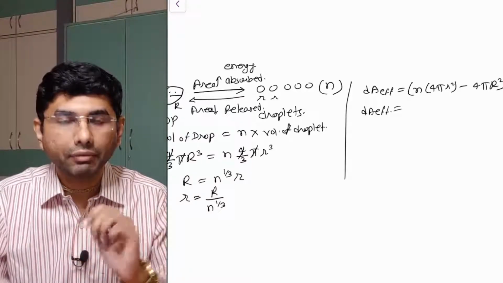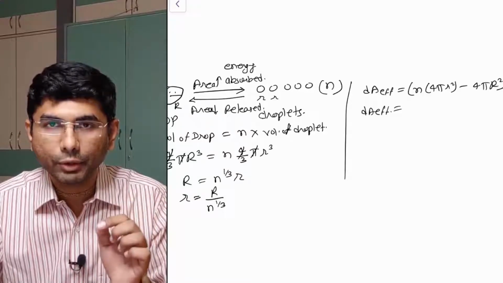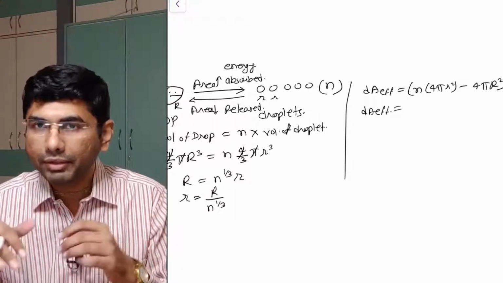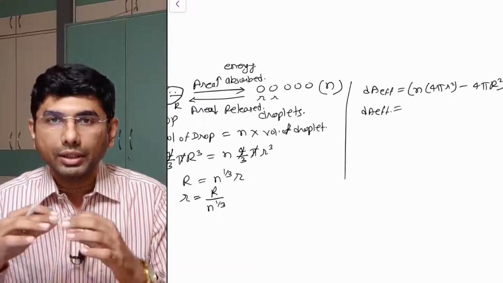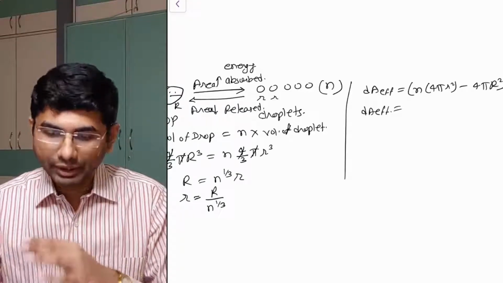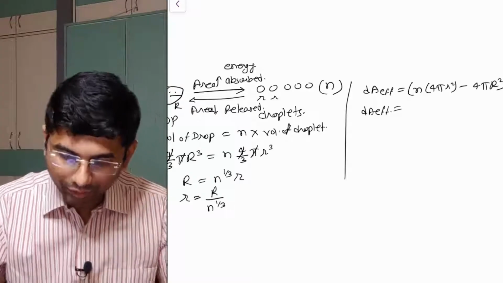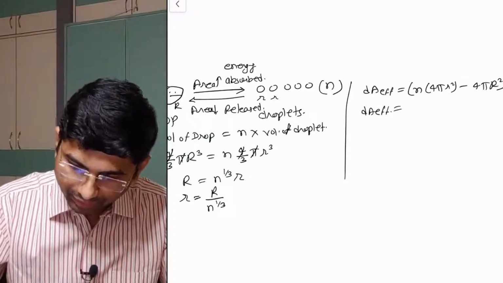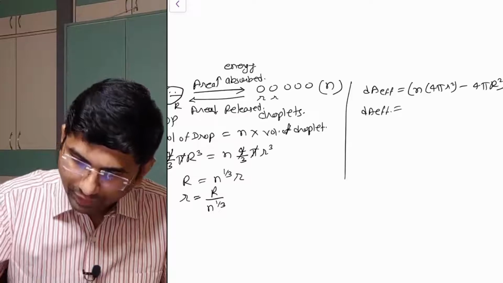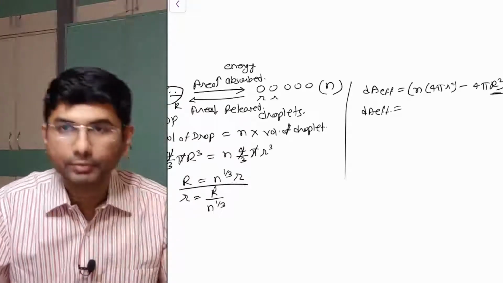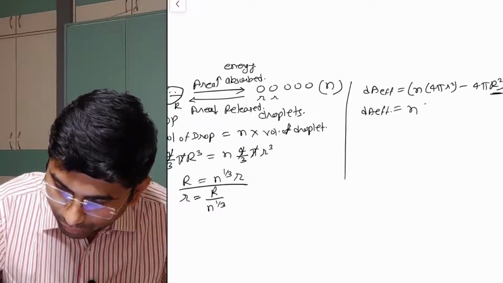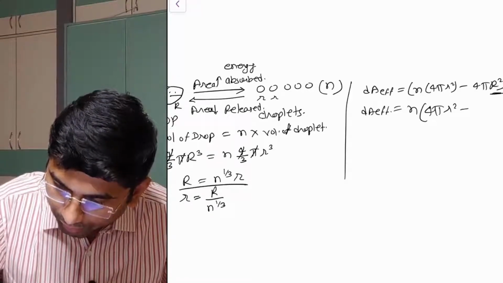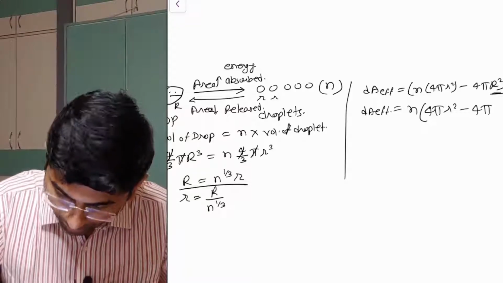Both formulas are very important. If the small r, the radius of the droplets, is given, we use the formula in terms of small r. If the radius of the drop is given, we need another formula. First I will replace capital R by this value. Now what will be my answer? It is N times 4 pi r square minus 4 pi. Now what is this R?